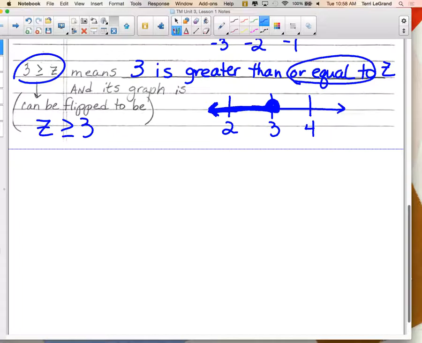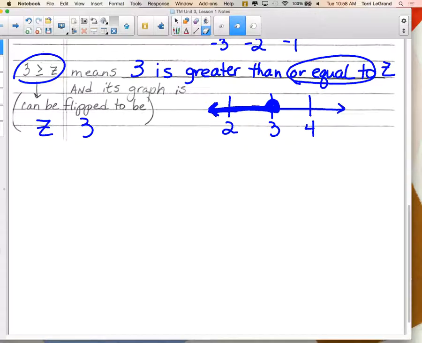Well, if this is truly okay, then Wade's 2 from our shaded group better make it true. Is 2 greater than 3? No. What is the relationship of 2 to 3? It's less than. So we need to not make it greater than, but less than or equal to.